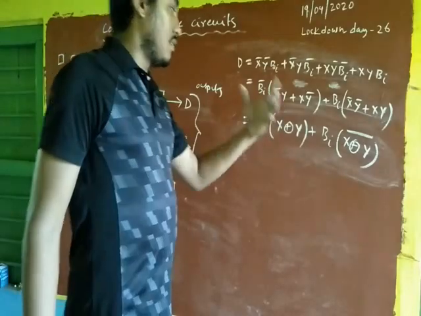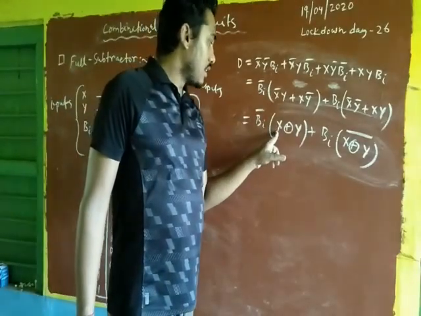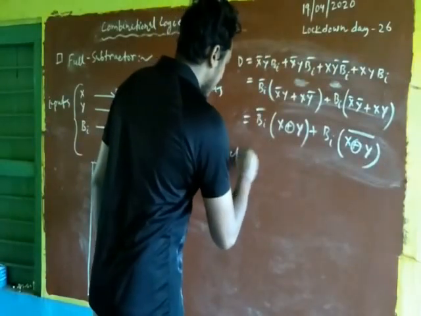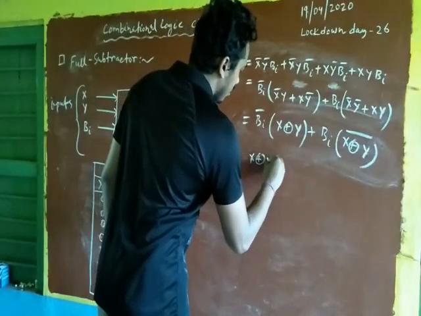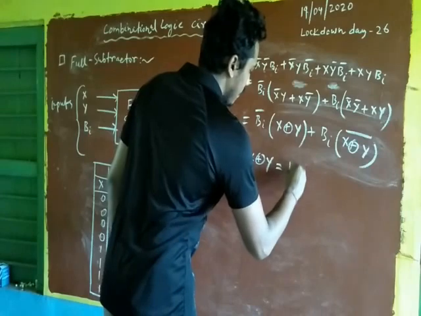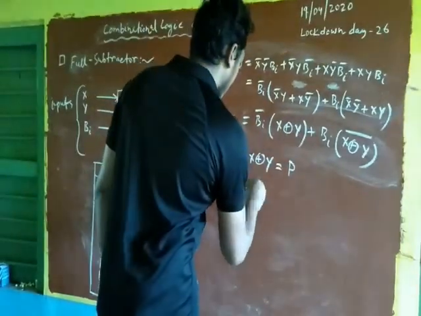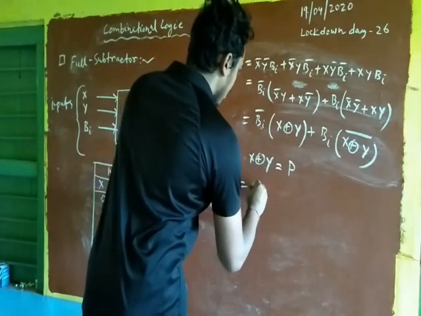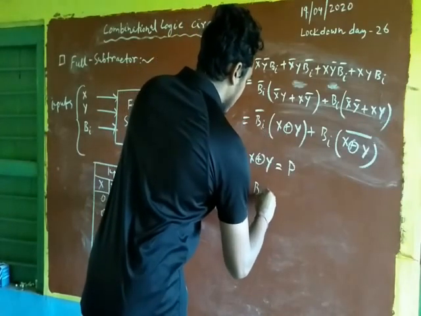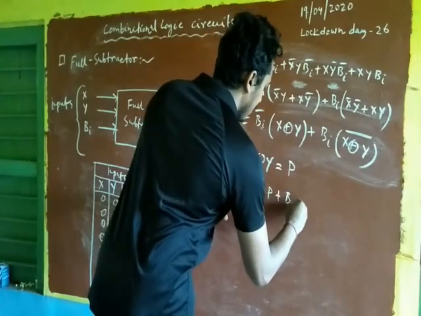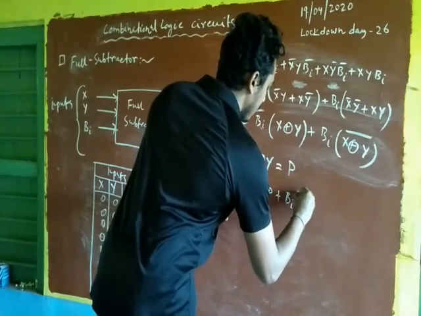Now let x XOR y equal p. Suppose we denote it by p here. What will we get from this line? We will get bi bar p plus bi p bar.